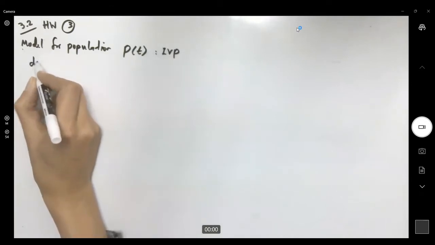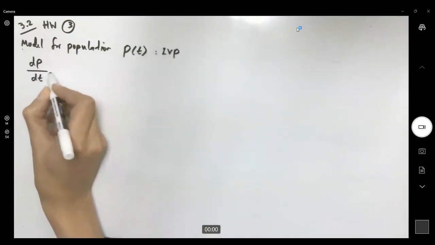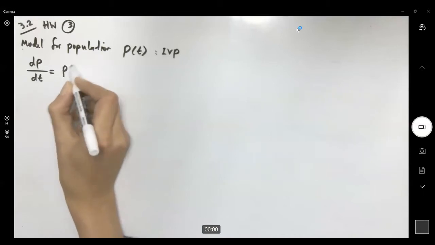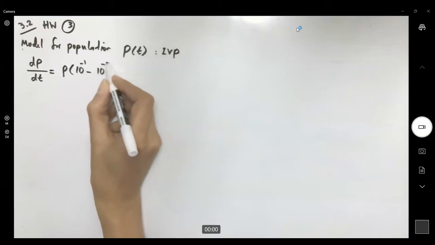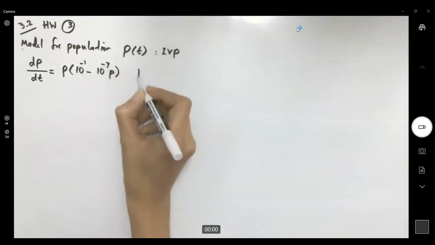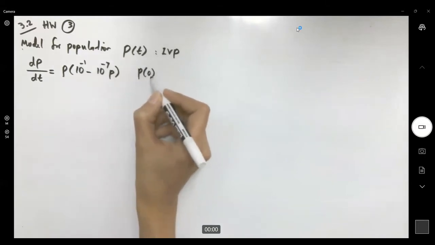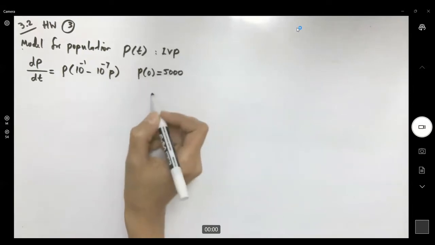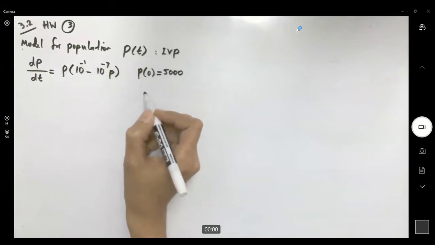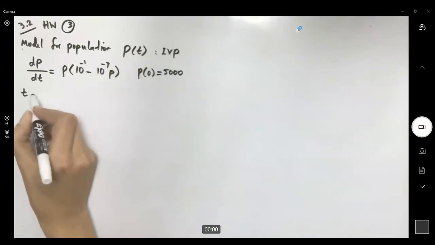We have dP/dt equals P times (10 to the negative 1 minus 10 to the negative 7 times P), when P(0) is 5,000. The initial population is 5,000, and t is measured in months.